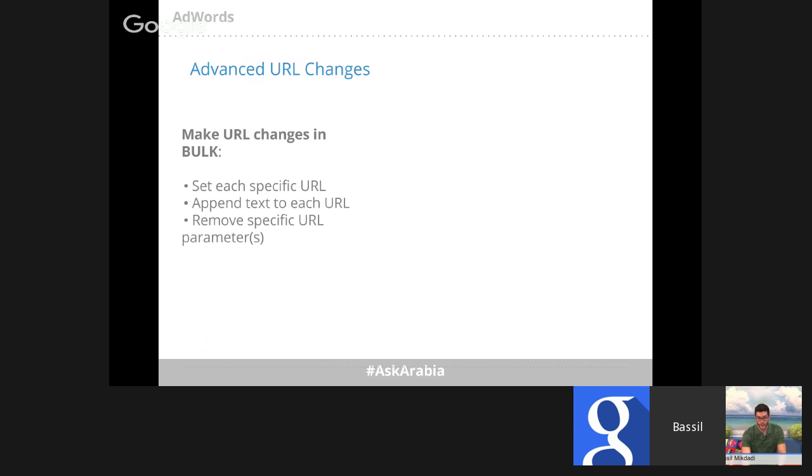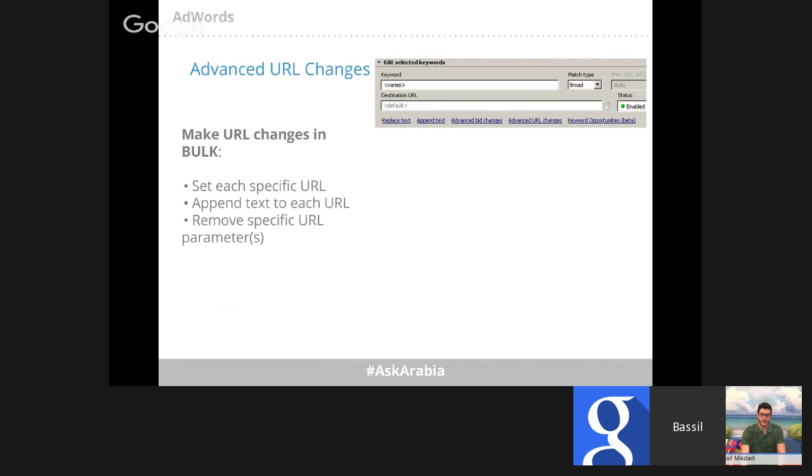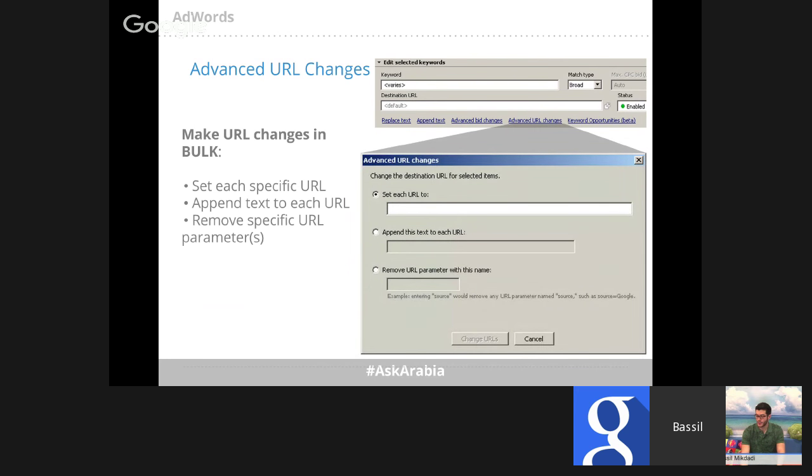Advanced URL changes is another great value proposition, another great reason why you should be using AdWords Editor. This bulk URL editing feature allows you to set each specific URL and append text to it, and also remove specific URL parameters. If you see on the screen right here, you just go to the third option, Advanced URL Changes, and then you'd be prompted to select one of the following, and then you can change the URL.